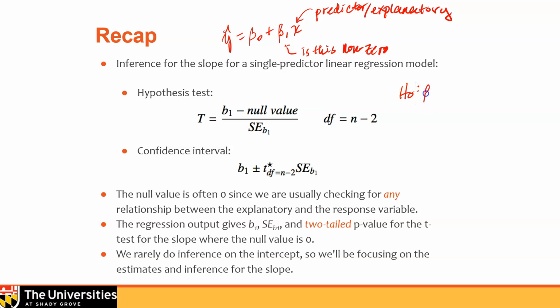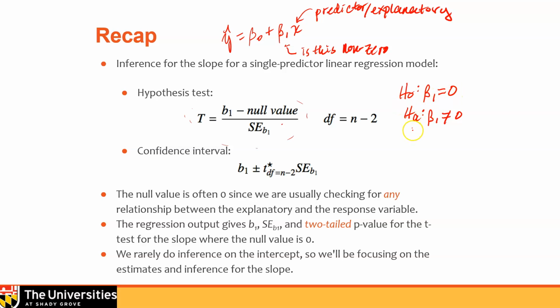My H sub 0 is that beta sub 1 is equal to 0. H sub a is that beta sub 1 is not equal to 0. Based on your t-value and p-value in your printout, the t-value being calculated the same way that we calculated before, we're going to either reject or not reject the null hypothesis.